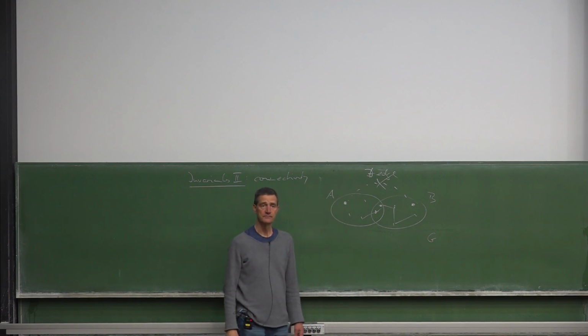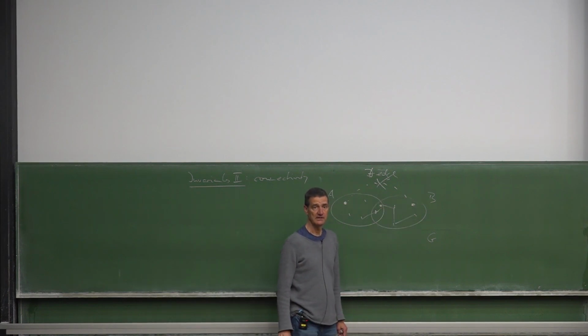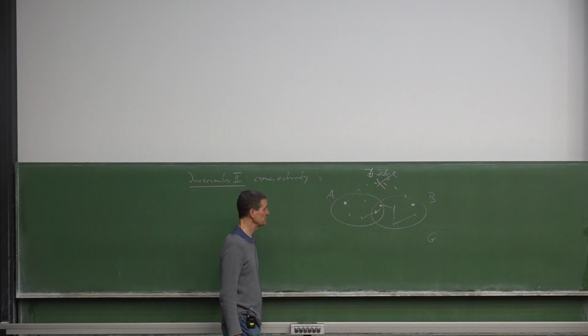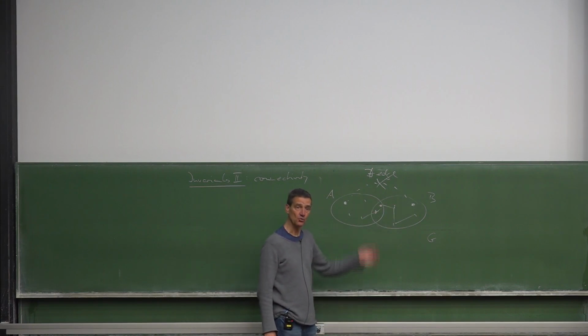Okay? Put another way, a separation of a graph is a set of two sets of vertices such that every vertex of G is in at least one of them, and all the edges of G are induced by one or the other of these two sets of vertices, possibly by both.